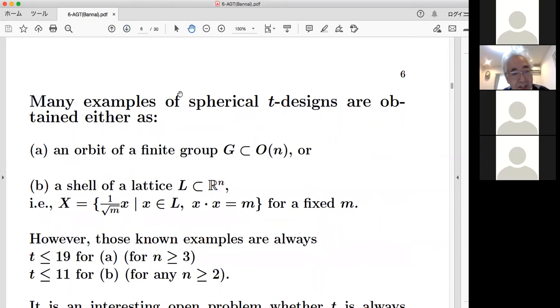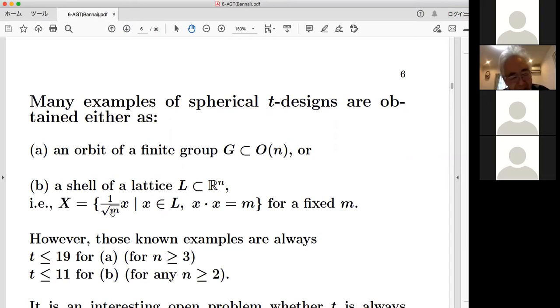Many examples of spherical t-designs are obtained in one of the following two ways. A: take an orbit of a finite group G of the real orthogonal group. And we have many examples by this. B: if we have a lattice in Euclidean space R^n, then we take a shell.